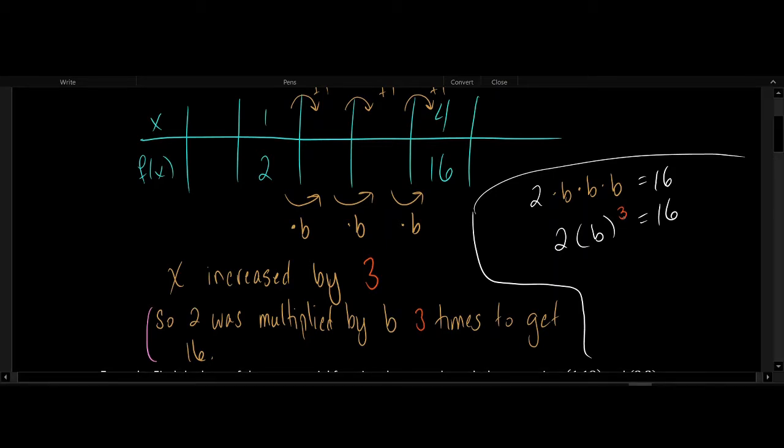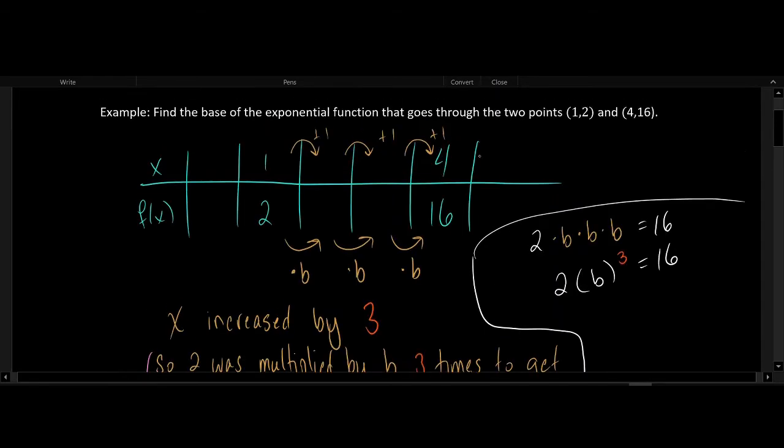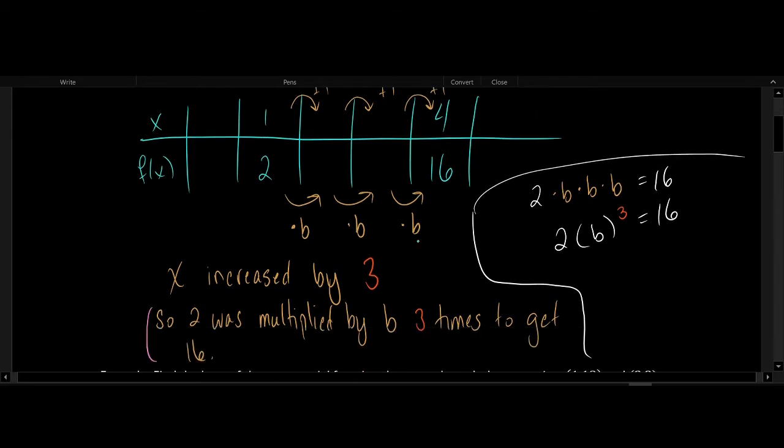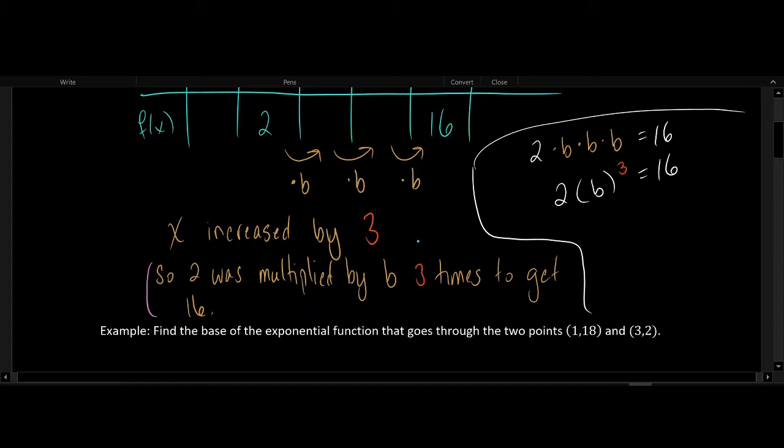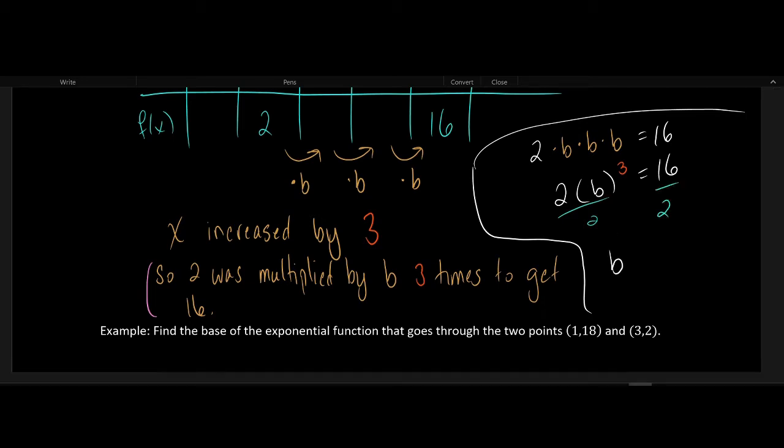Here we have number times b to a power equals 16. And our job is to find that number b, to solve for the base. So let's use the process that we learned yesterday. Let's start by dividing both sides of the equation by 2. And that gives us b to the power 3 equals 8.